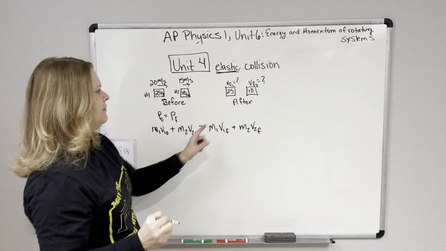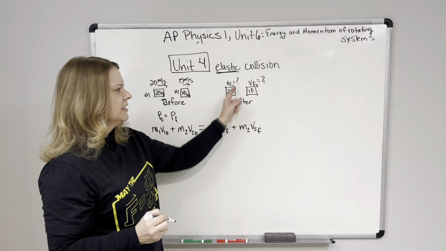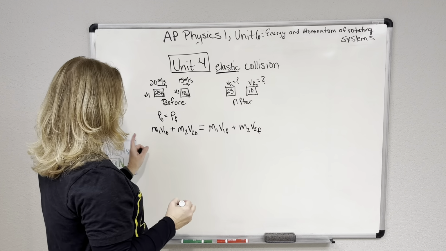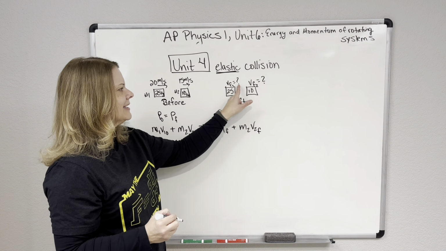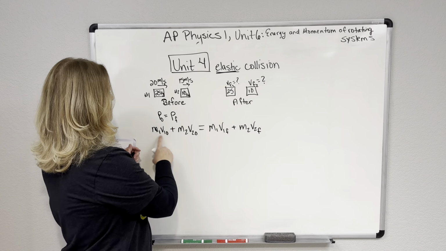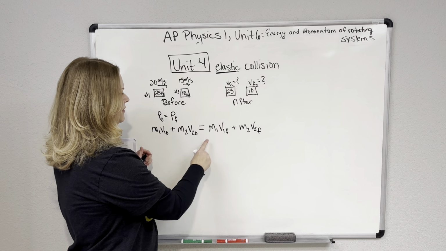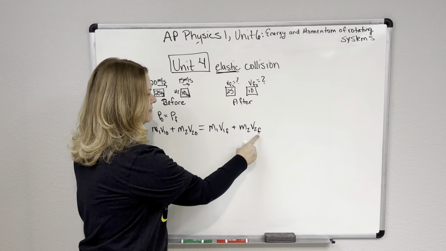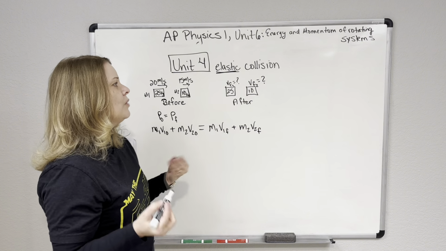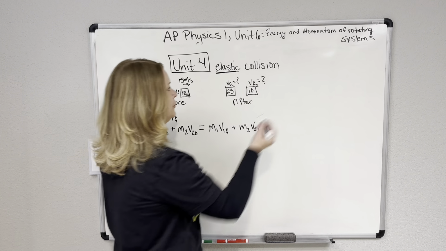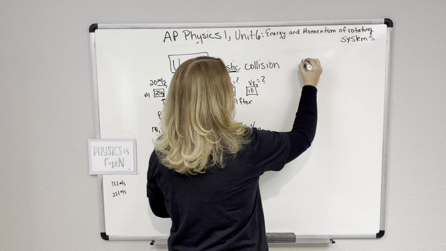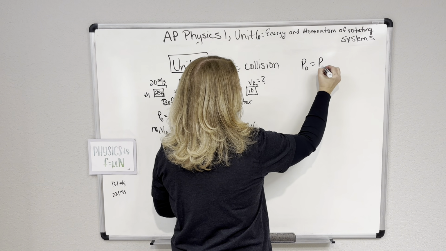If it had been inelastic and they had given us one of these velocities, we would only have one variable. But when they do an elastic and they ask for both, it's like, whoa, wait a minute. I know masses, I know initial velocities, but I have two variables I don't know. How do I solve that? Well, elastic collisions conserve, let's remind ourselves, momentum.